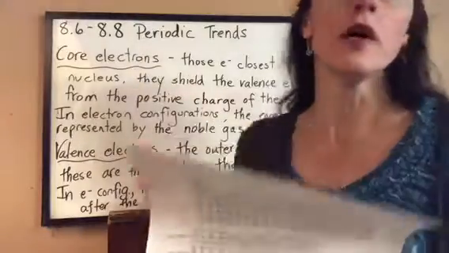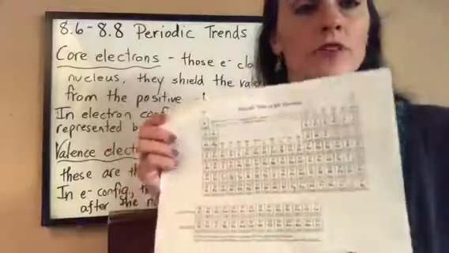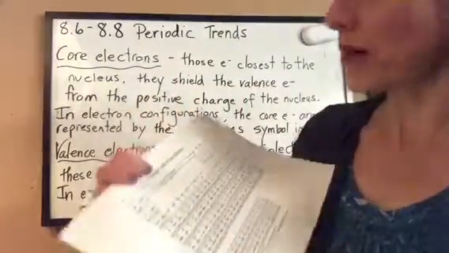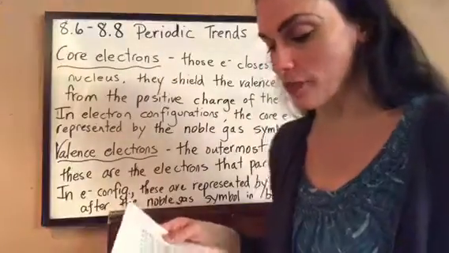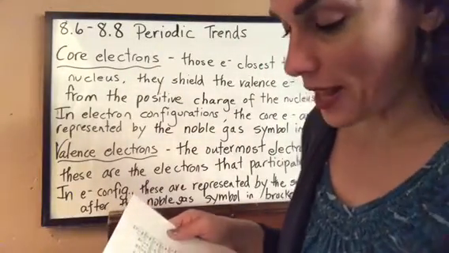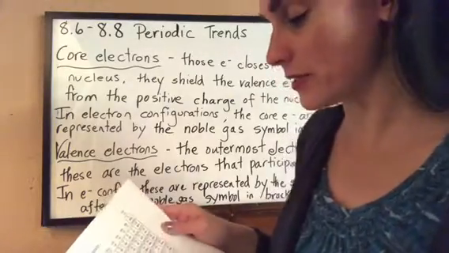Originally, the periodic table was set up in order of increasing atomic mass. But it was seen that that was not the best way to have it arranged, and it has been for many years in order of increasing atomic number.